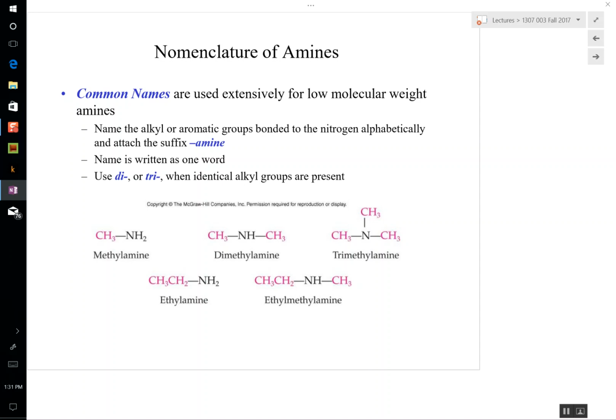How can we simplify this? Here's how we can simplify it. If it's simple, give it a simple name. And don't worry about what the IUPAC name of this would be. We can go and look at that, but if you can name it simply, I wouldn't worry about an IUPAC name for it.